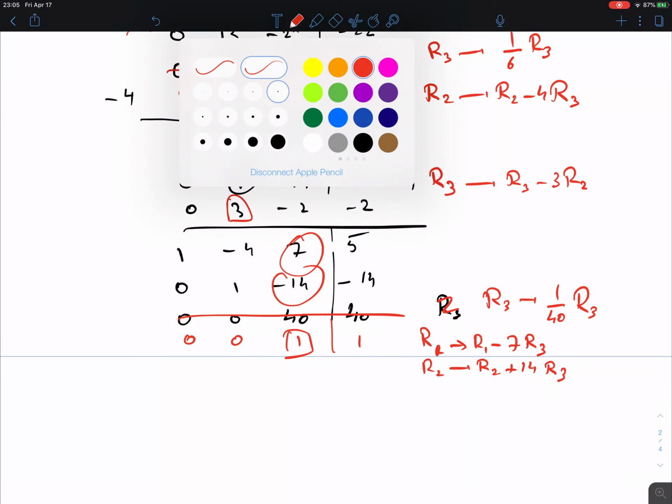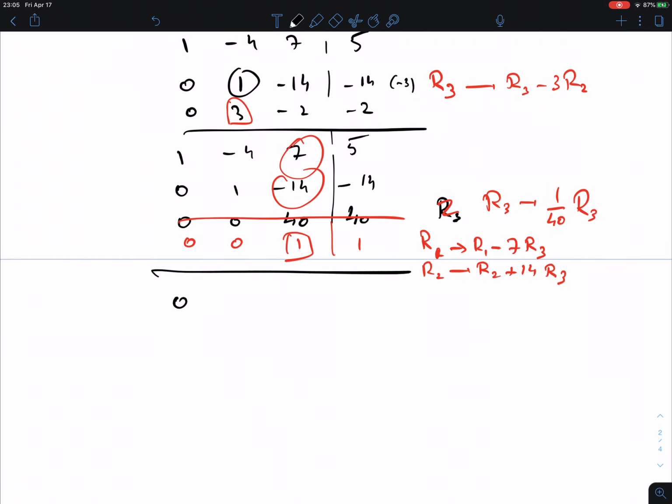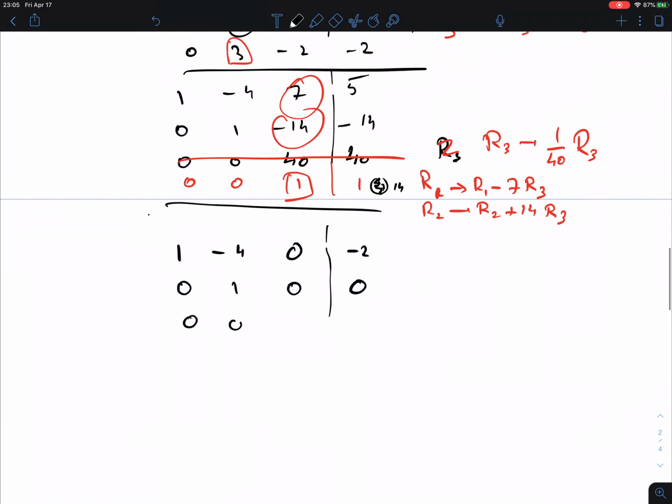Okay, so I get 1, -4, so I'm multiplying this with -7, so -7 plus 5 is -2, and now I'm multiplying this with 14, so I get 0, 1, 0, 0, and then I have 0, 0, 1, 1, right?